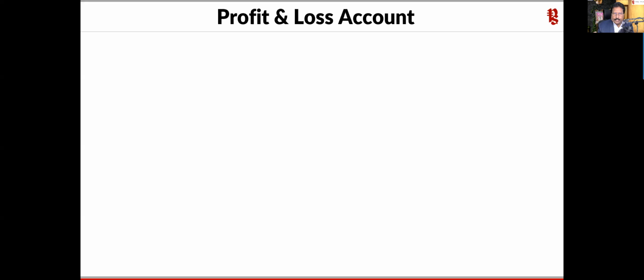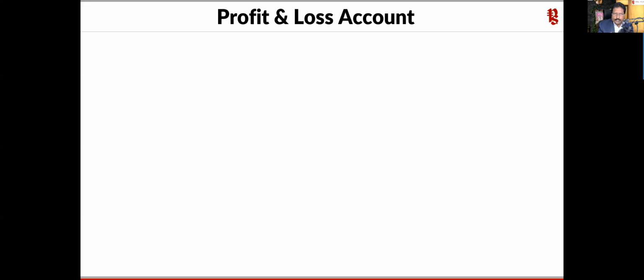When I say excess of income, that means your income is more than your expenses. For example, let us say your income is 10 lakh rupees for this particular financial year, and your purchases plus all your other operating expenses constitute, let us say, 8 lakh rupees. So in this case, there is 2 lakh rupees of excess income.